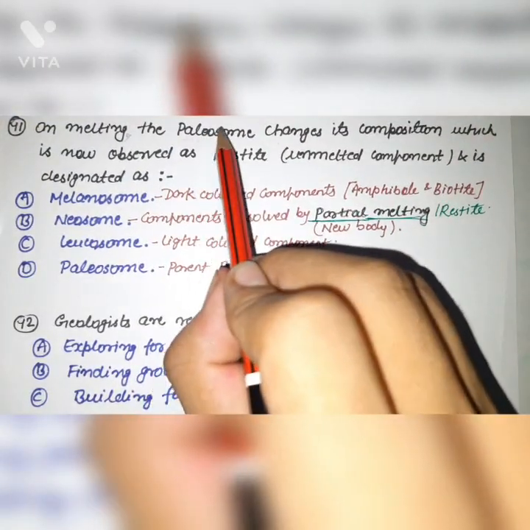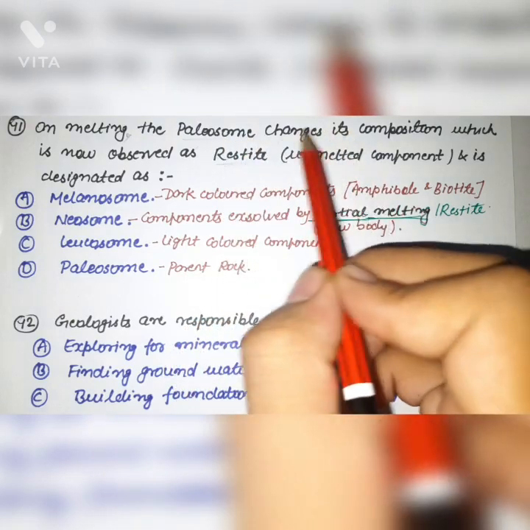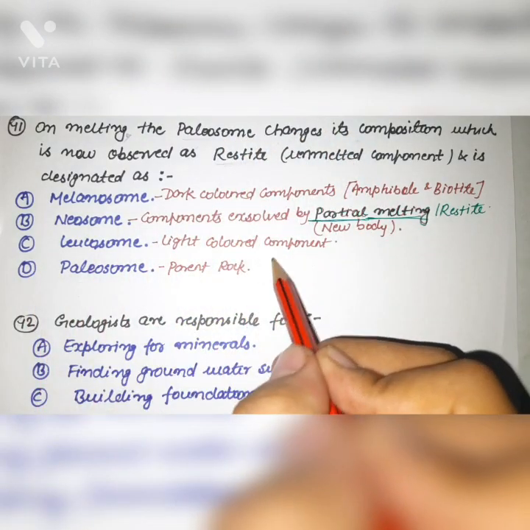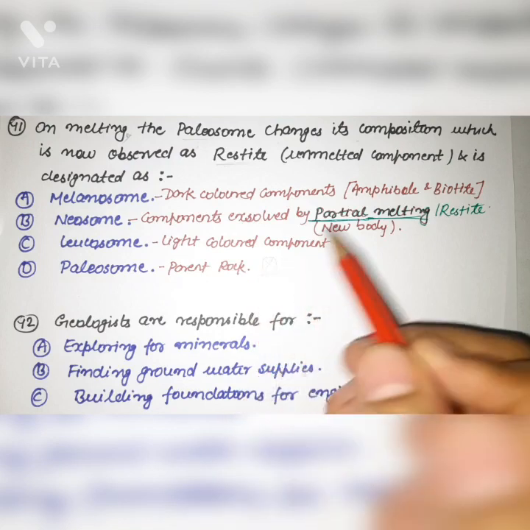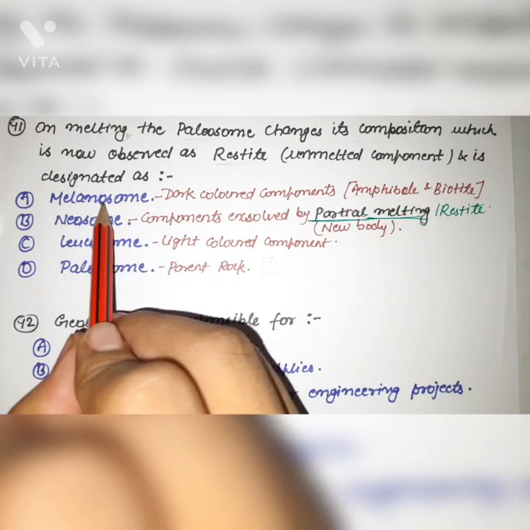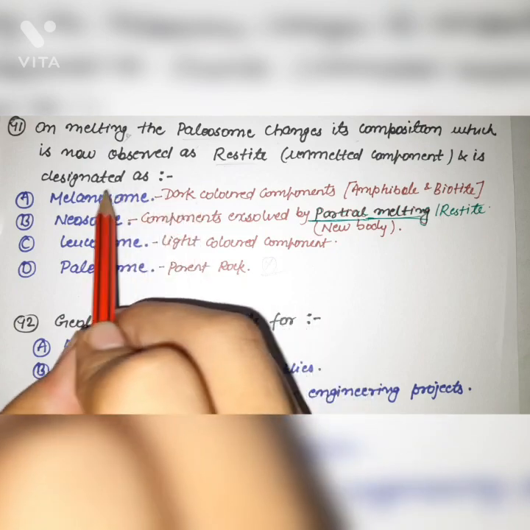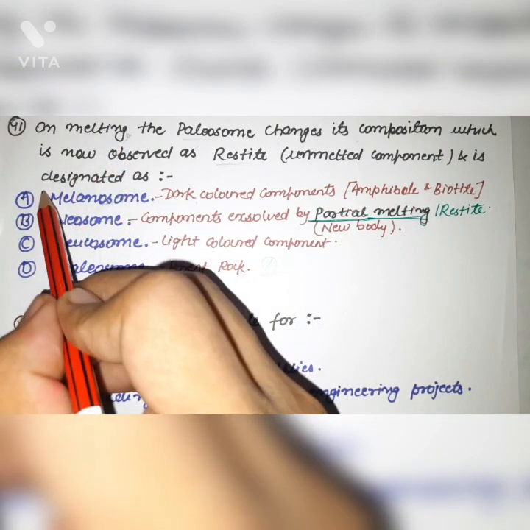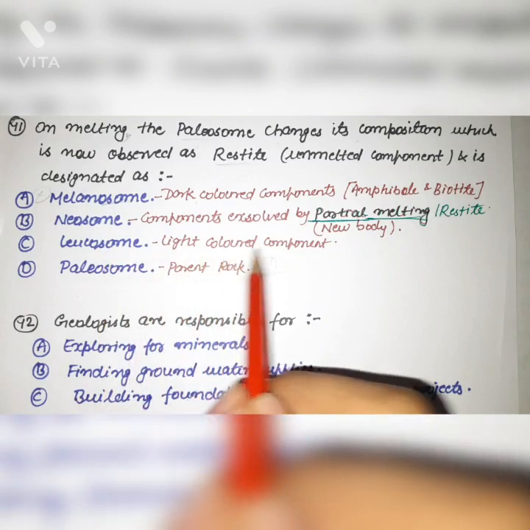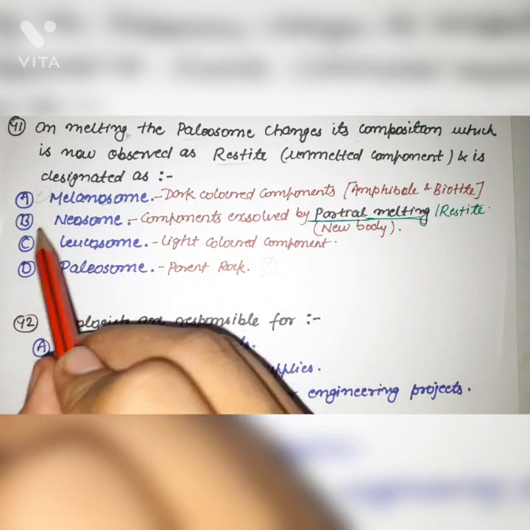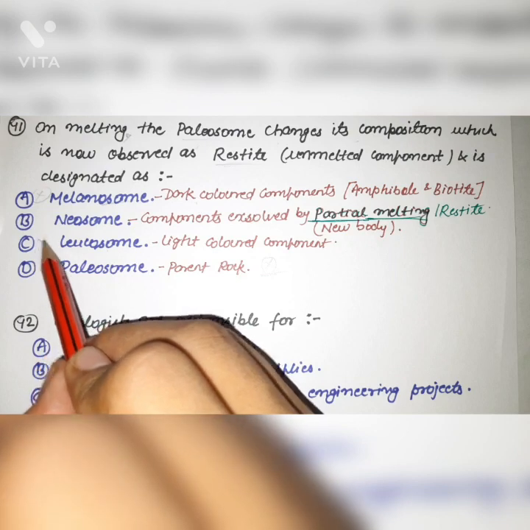So paleosome will not be the correct answer, because melting of paleosome will not produce paleosome itself. Melanosome, if the question were asking about dark colored component, then the correct answer would be melanosome, but the question is not asking about dark colored component, so this is also not correct. Leucosome, if the question were asking about light colored component, then this would be the correct answer, but the question is not asking that, so leucosome is also not correct.